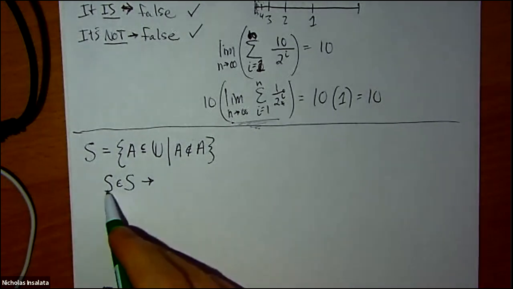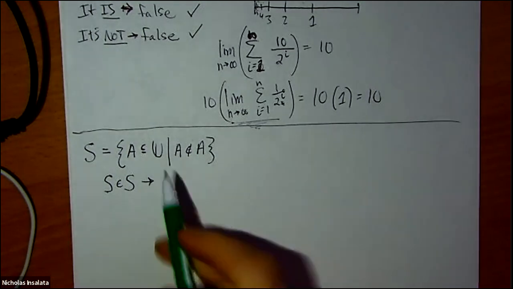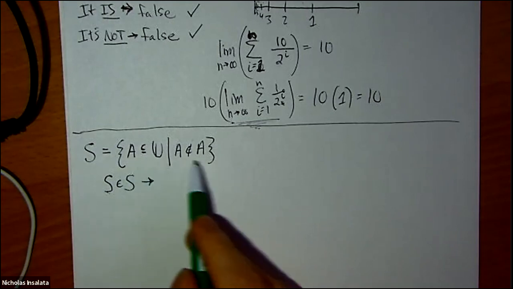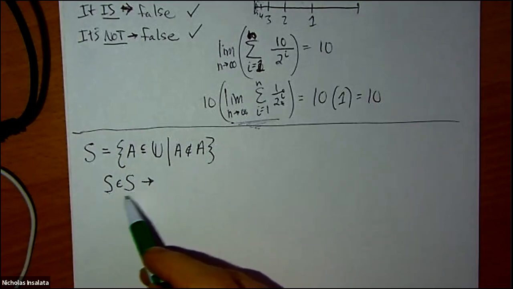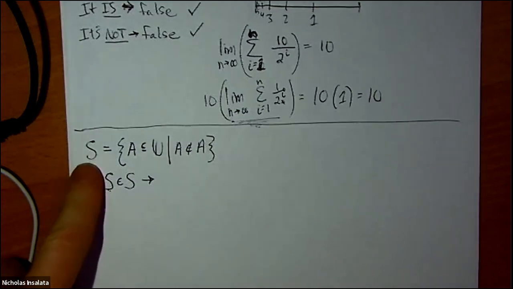So is it possible for a set to be an element of itself, for this S to be an element of itself, given its definition right here? What does it mean to be an element of S? By definition, what does it mean to be an element of S?